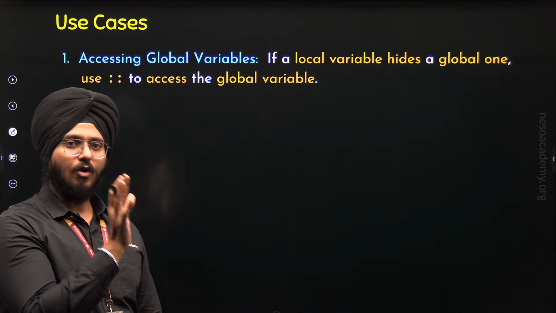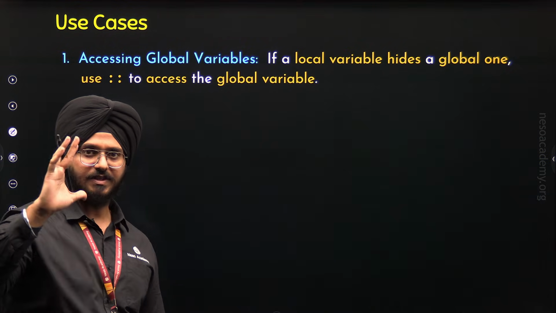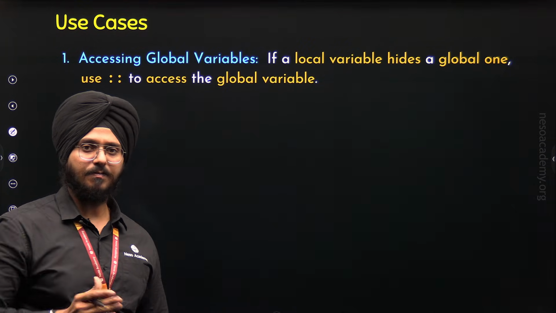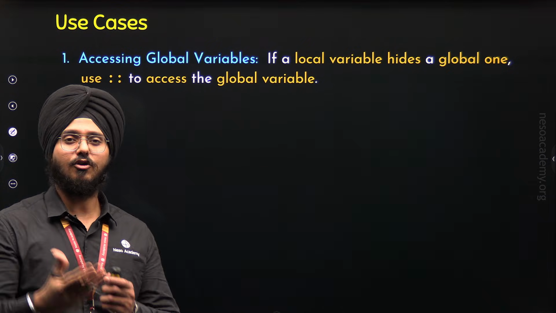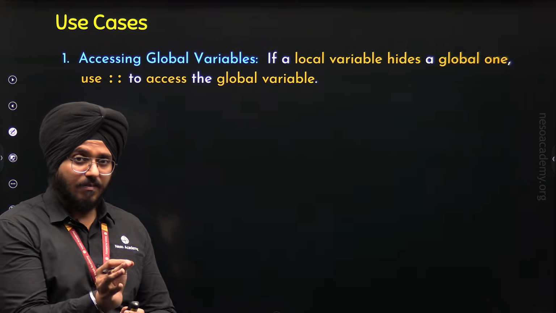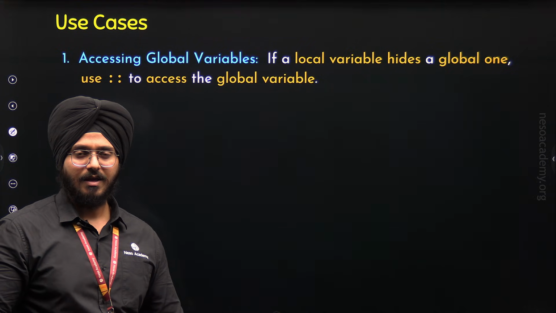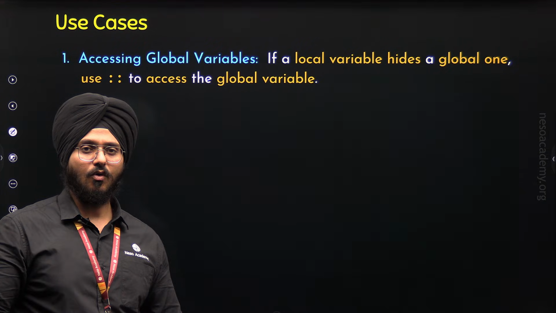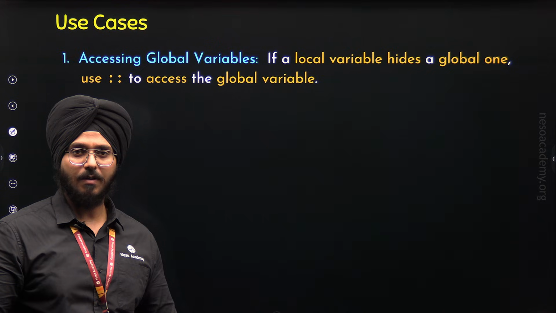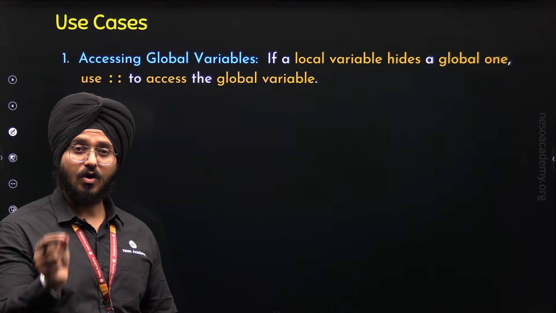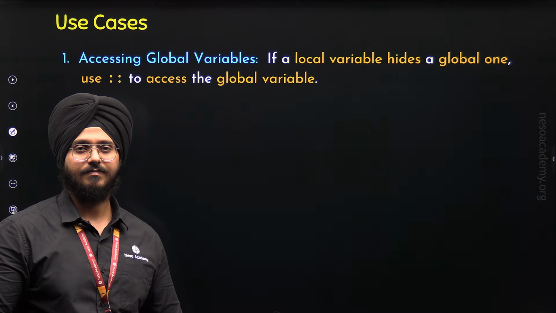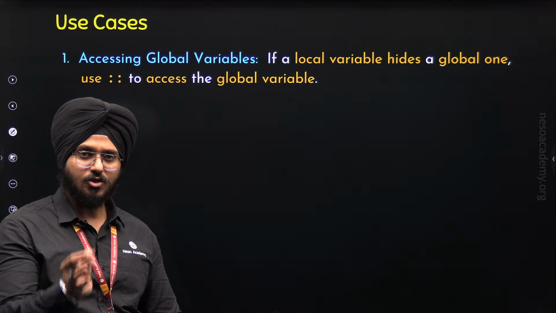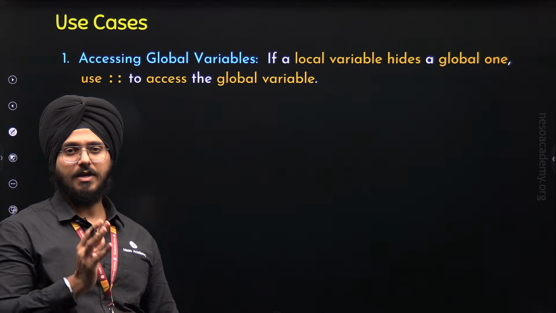So if there is some local variable which we have defined within an entity, and there is some global variable which is defined in the program, which is defined outside of any entity with the same name as the local variable, then the local variable will hide the global variable, and therefore we would not be able to access the global variable within the entity where the local variable is defined. But if we want to access the global variable, then we need to use the scope resolution operator.